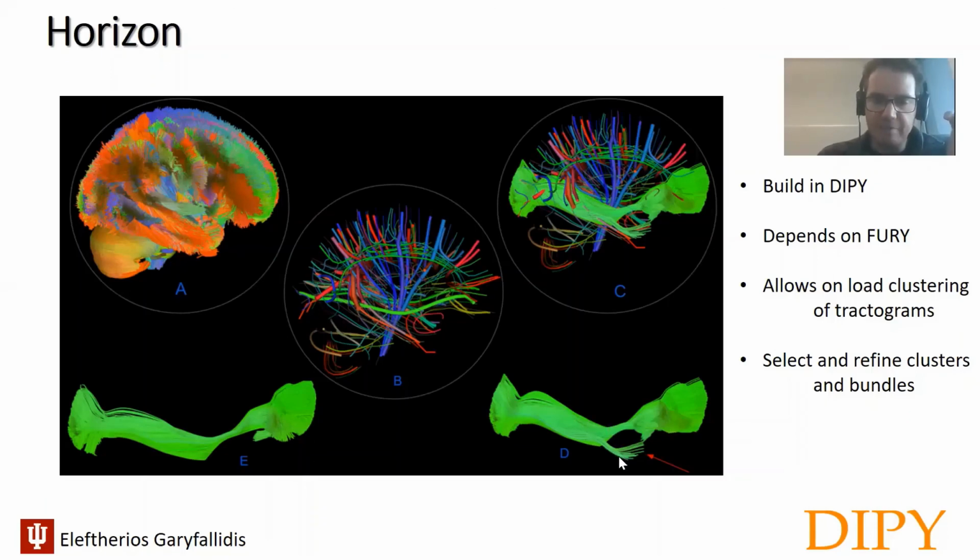There is a part that we want to remove, so it allows you to remove such parts. So it allows you to interact with the clusters and remove them or include them as needed.